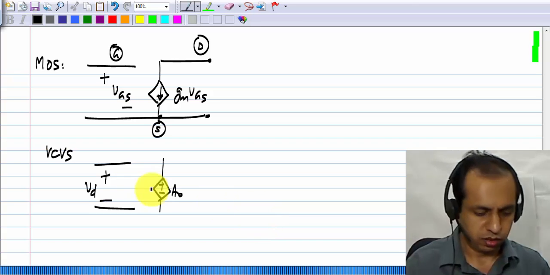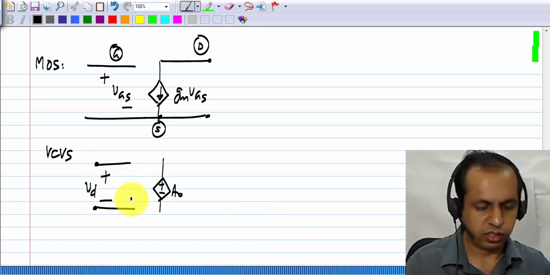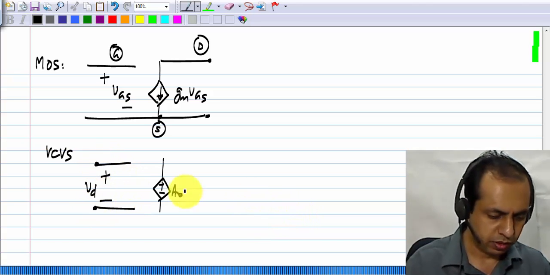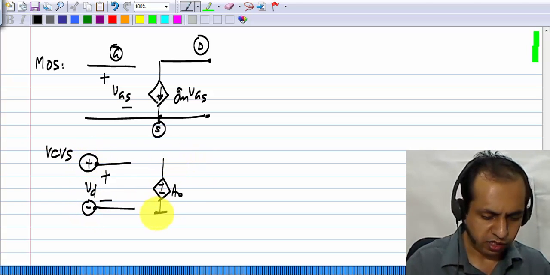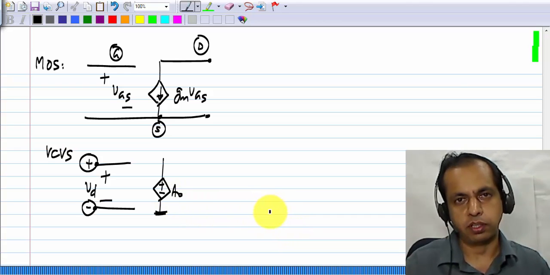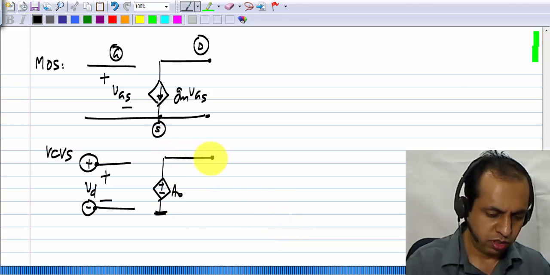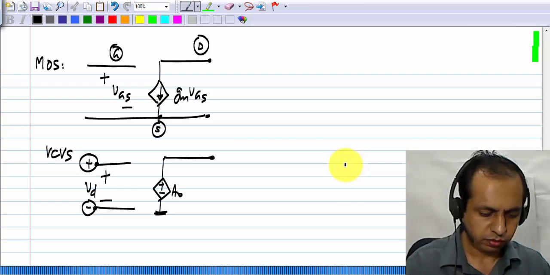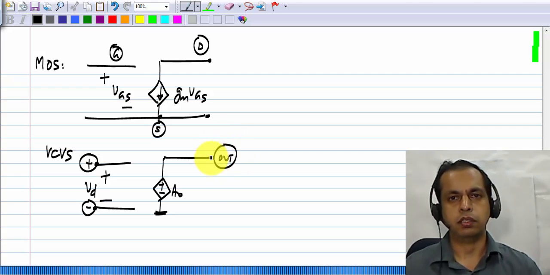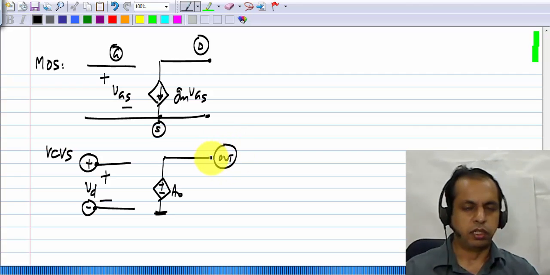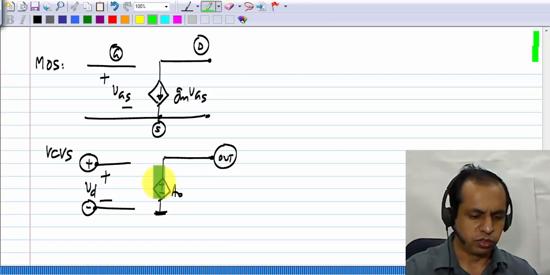There is a voltage VD between these two terminals. I'll call them plus and minus, and one side of the control source is connected to ground, the other side is the output. This is a voltage controlled voltage source with some restrictions.